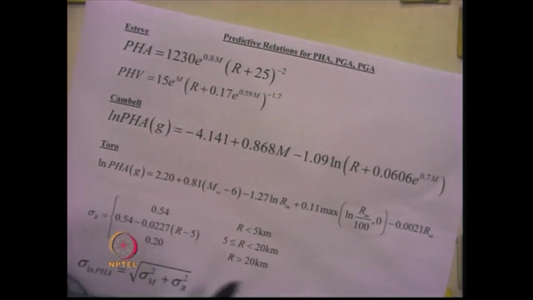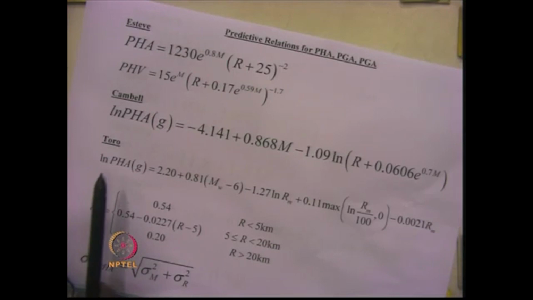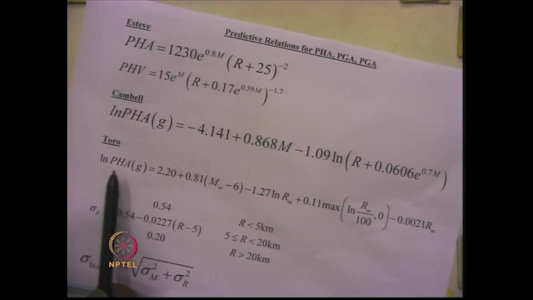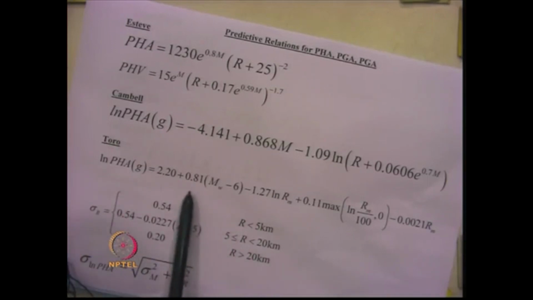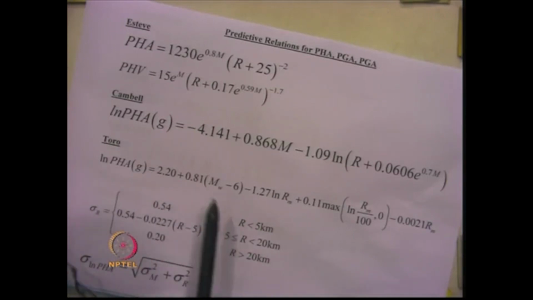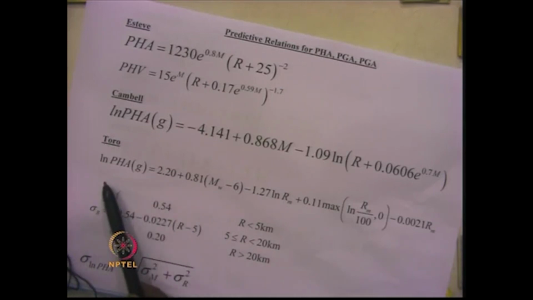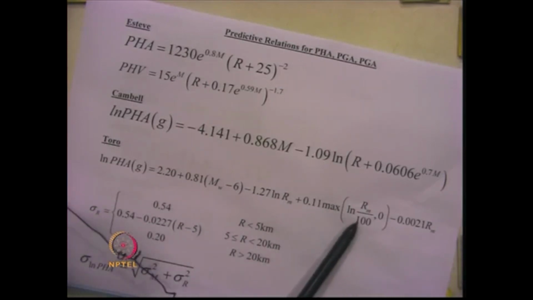a certain quantity. Toro obtained another expression for peak horizontal acceleration in g unit, and his equation relates the moment magnitude Mw with the PHA value and the epicentral distance.